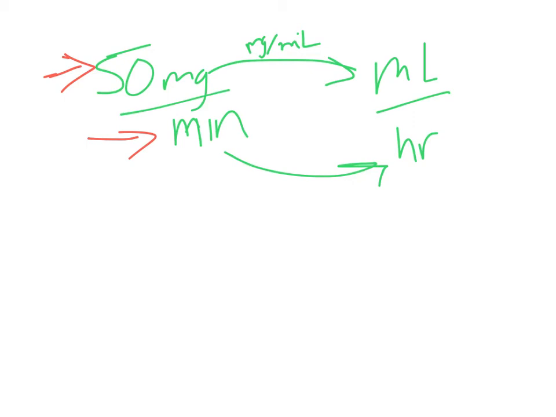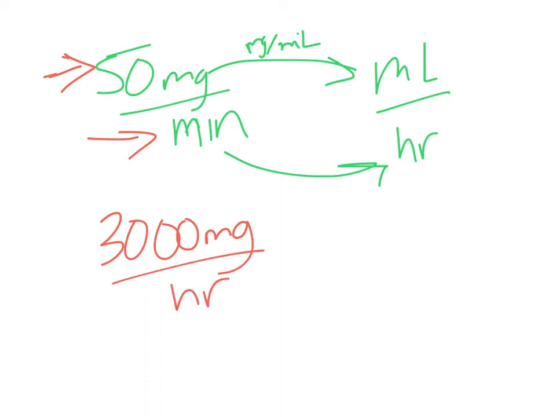In 60 minutes, they're going to receive quite a bit of medication. So if you want to see what that is per hour, we simply take that 50 milligrams and multiply it by 60. That means this person is receiving 3,000 milligrams in a full hour. So you can always do that first: convert it to hours first by multiplying by 60. Now we've already got it in hours, so we're good with that part of what we're looking for.